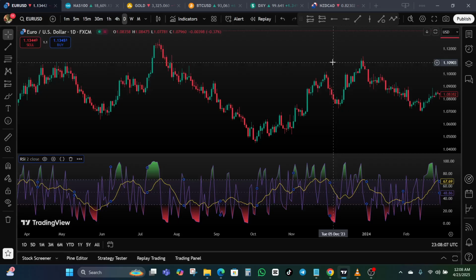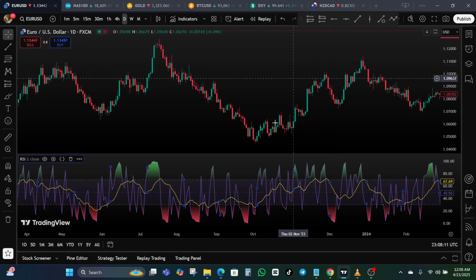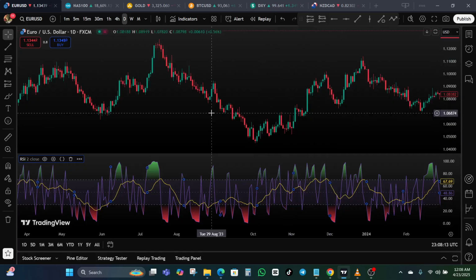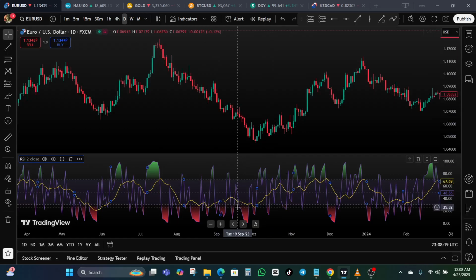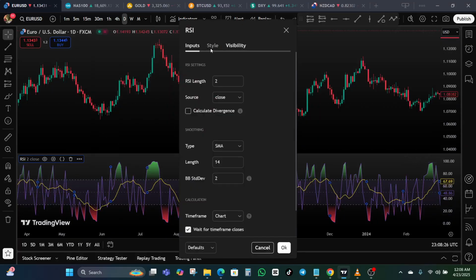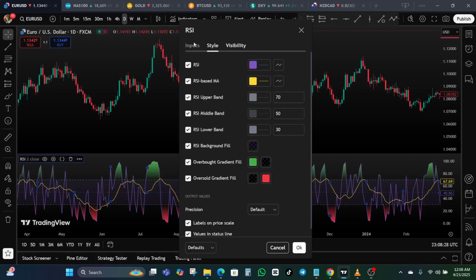So here's how the basic setup works. You apply the RSI-2 to the daily chart, ensure that you are using the daily chart. For long entries, you wait for the RSI-2 to drop below 10.